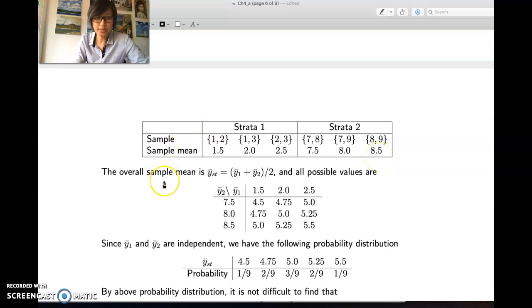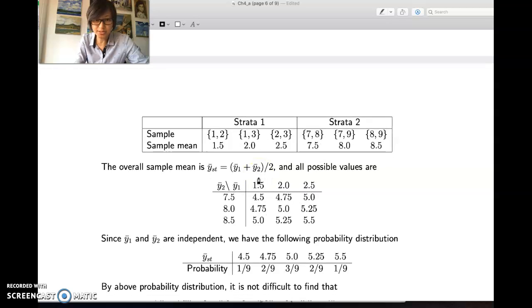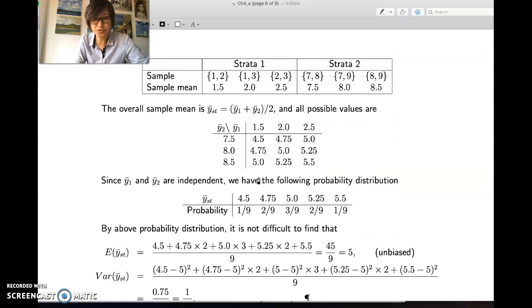Then we calculate the overall mean, and that becomes y1 bar and y2 bar, weighted by their population size. So this is like an average of the two because the populations are the same size. Now we have y bar stratified, calculated from strata 1 and strata 2, and the distribution of it.